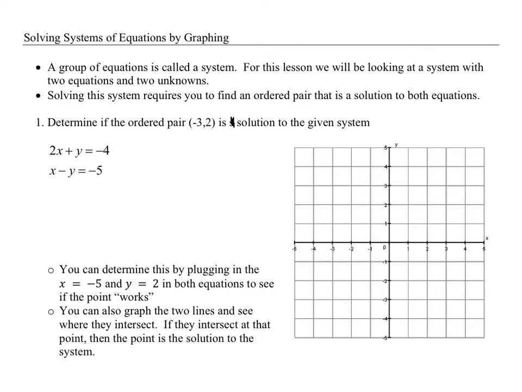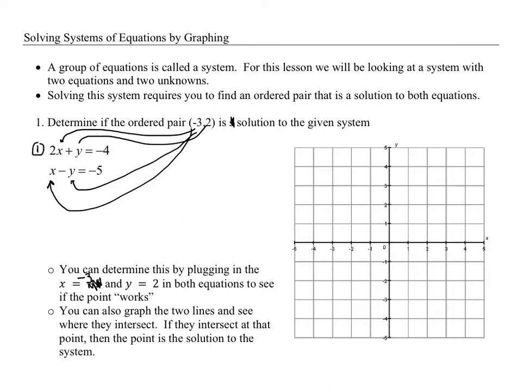And second, in order to do this, we're going to fill in negative 3 everywhere we see an X and then 2 for Y. But this down here says negative 5, so we're going to rewrite that as negative 3. So we need to do it individually. I'm going to call this top equation, equation 1, and this bottom equation, equation 2.